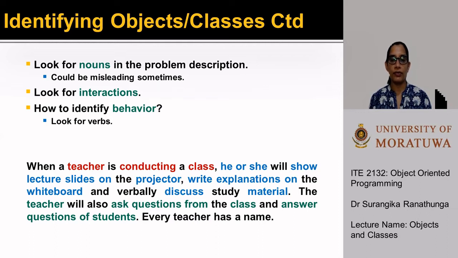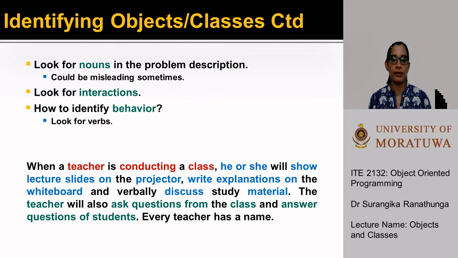For example, if we say the teacher has a name, the name should not be an object. It is just an attribute of the teacher class. So as I just explained, rather than just looking for nouns, if you look at the interaction between nouns, we can identify the set of objects that should be in your program.